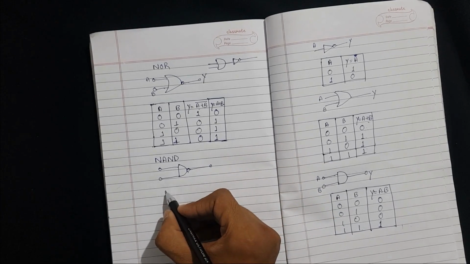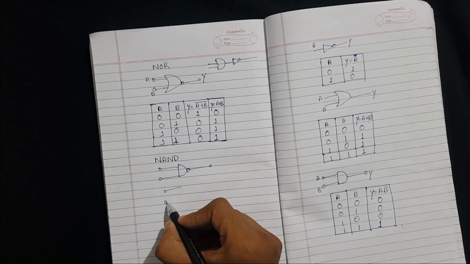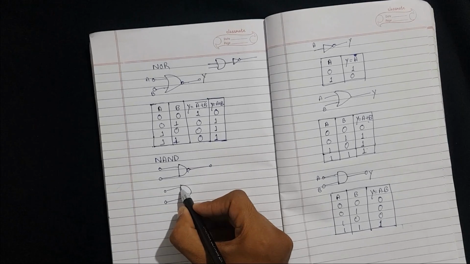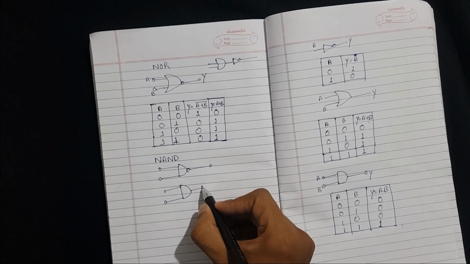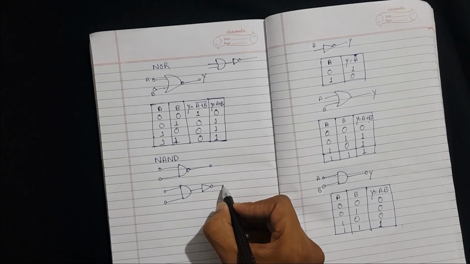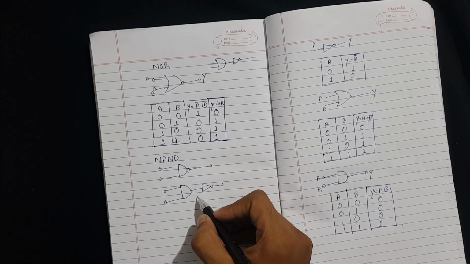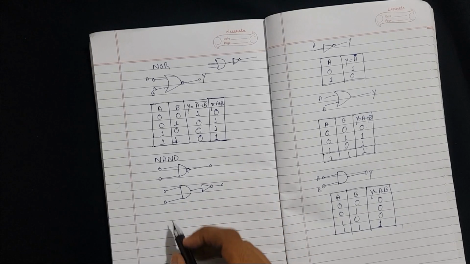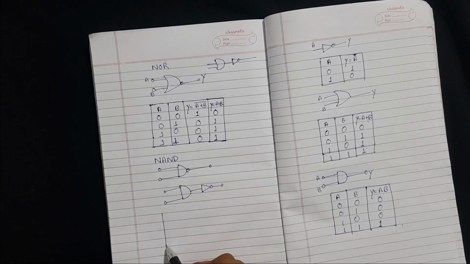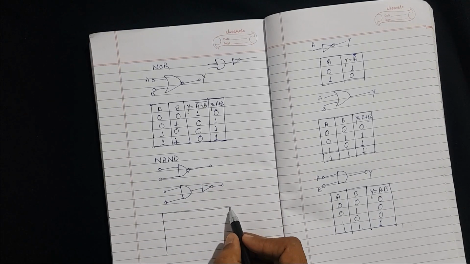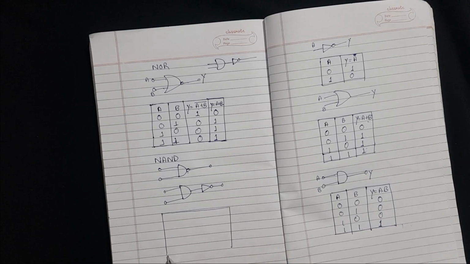You can build it with an AND gate and a NOT gate in series at the output of the AND gate. Now let me build the truth table.